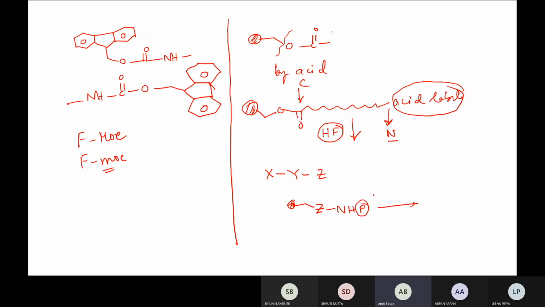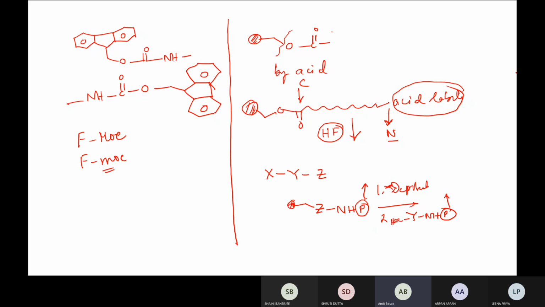Then you have to take this protecting group off and couple that with Y. So one is deprotection, and second, you have to use Y with carboxy free and NH protected. My question is, what type of protecting group should be used for Z and for Y?